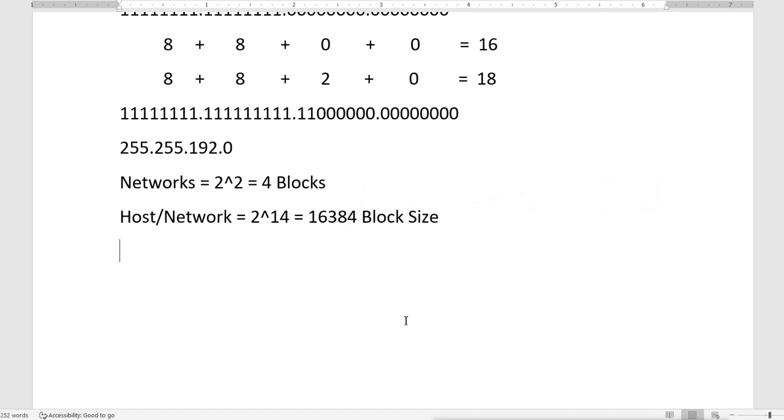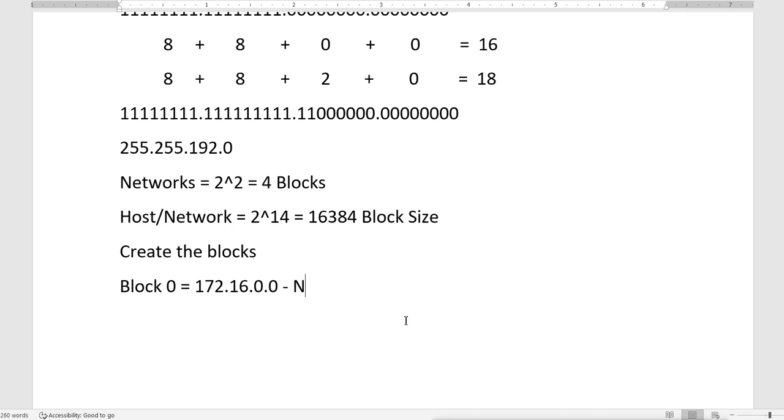Now finally, we will create these blocks. I will start from the first IP of the first block. So my block 0 will start from 192.168, no, it is class B, 172.16.0.0.